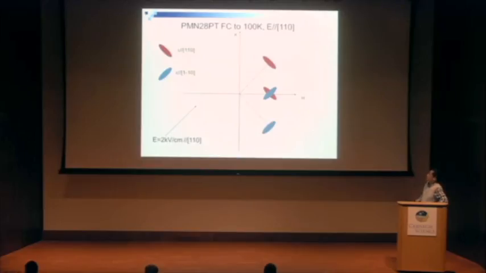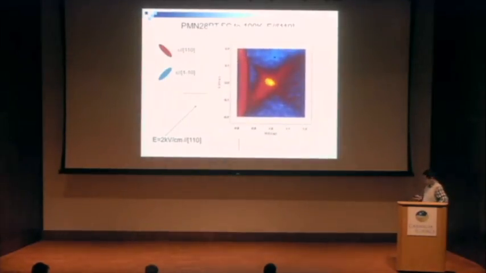And as we know, the diffuse scattering in relaxors is easily affected by applying an external field. For example, in this case, we applied a 2 kilovolt per centimeter electric field along the 110 direction. Then the diffuse scattering near the 100 Bragg peak is clearly asymmetric now.